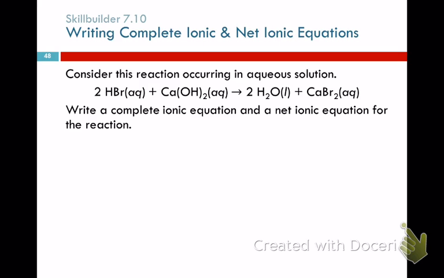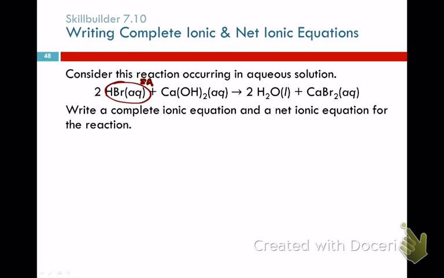And I will just tell you, this is a little bit out of place, because I need to tell you that HBr is a strong acid. So I'm going to say SA, strong acid. Okay, so there's the molecular.